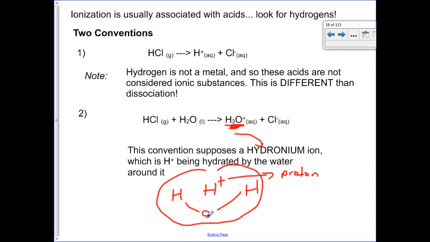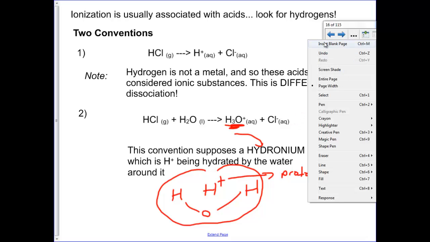It almost bunkers itself in with water, because water has a bit of a V shape to it, and the proton can hide inside there. So we call this thing a hydronium instead, where it's almost like water, but with an extra H, and therefore an extra plus. So this is another way of writing it. By the way, we only do this for acids.